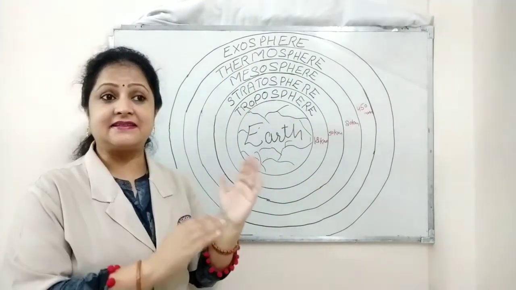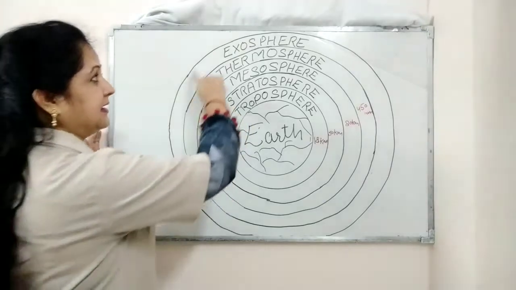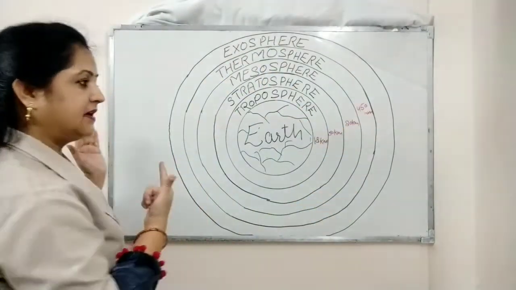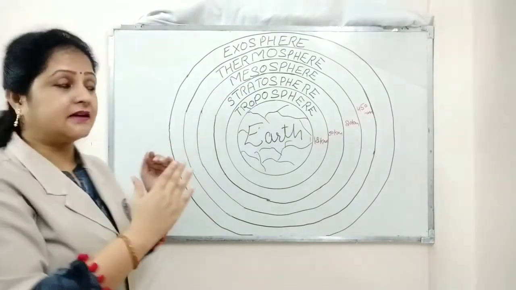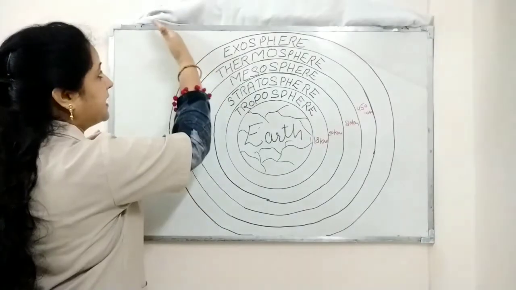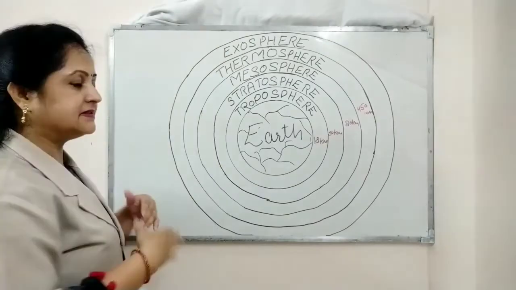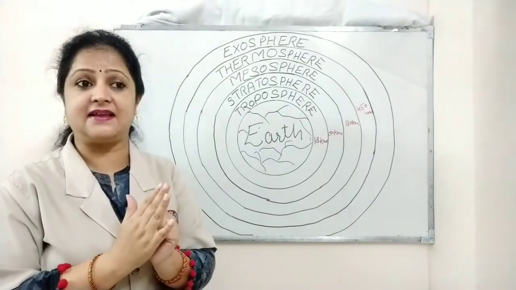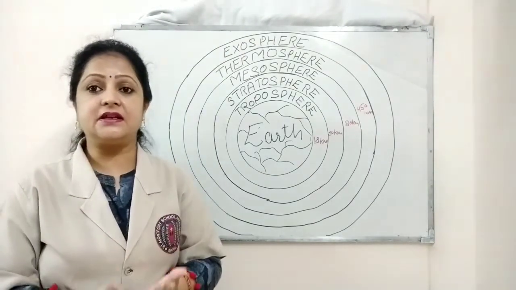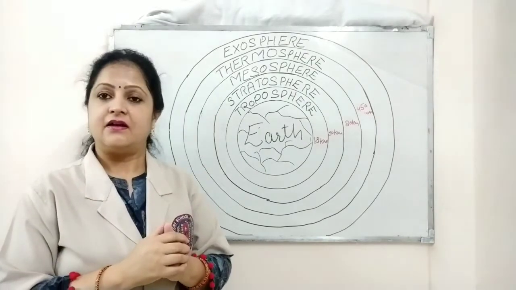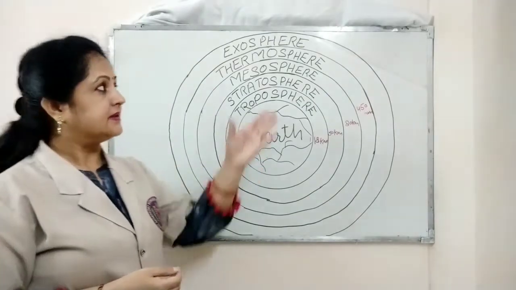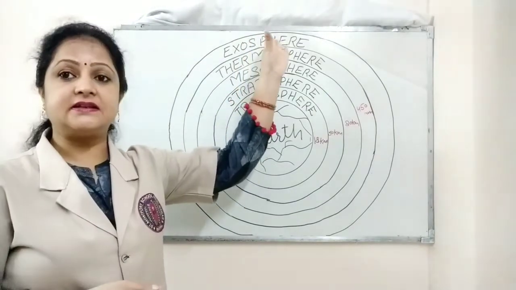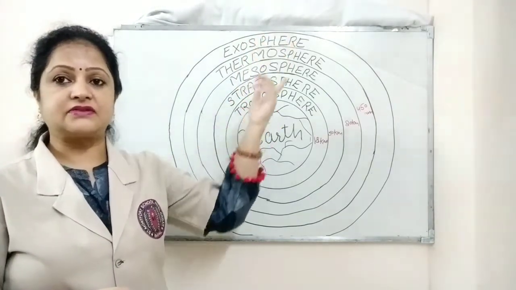The air thins in this layer until it ultimately merges into space. The temperature increases rapidly here because of solar radiation.